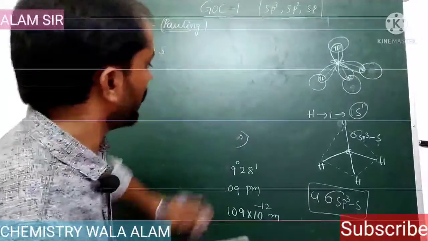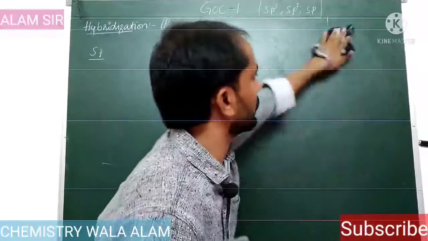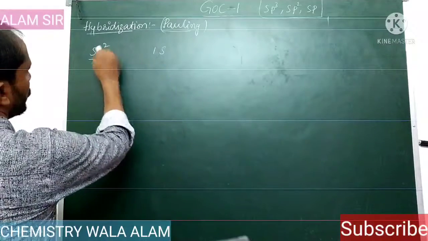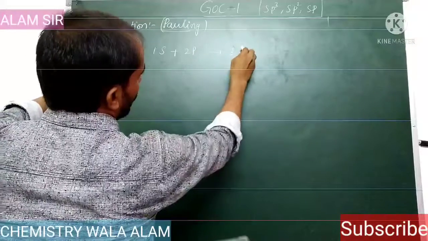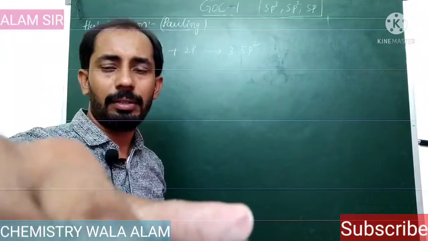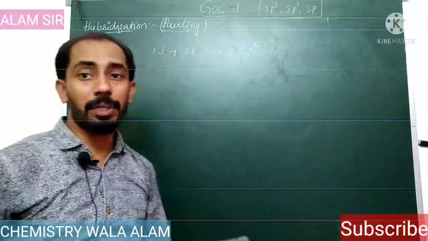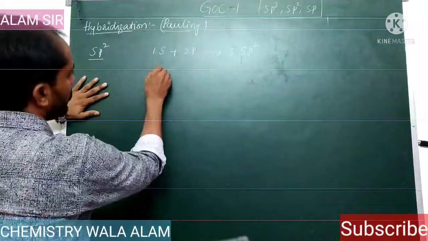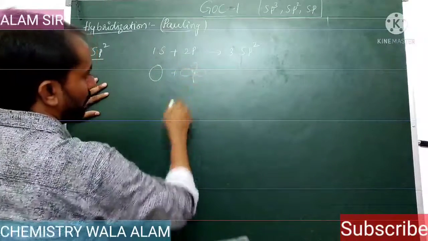sp2 hybridization. Here, sp2: one s orbital and two p orbitals, total how many? 3. Intermixing of one s orbital and two p orbitals results in the formation of 3 hybrid sp2 orbitals. We take one s orbital and two p orbitals, px and py.